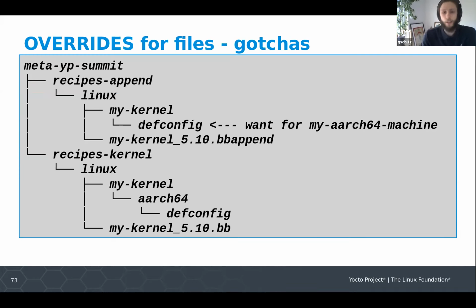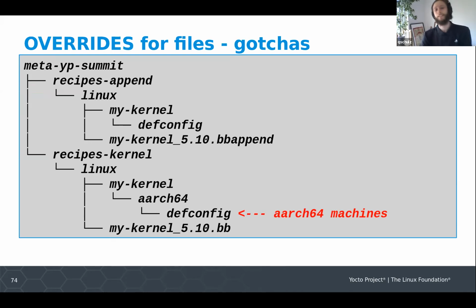So my intuition tells me that I should be able to just put the defconfig directly in the subdirectory, and that is going to be the defconfig that is used because it is a bbappend, so it has higher priority. And that is wrong, actually, because in that case, everything that is ARM64 based machines, which is the case for our machine, is going to take the one from the original recipe.